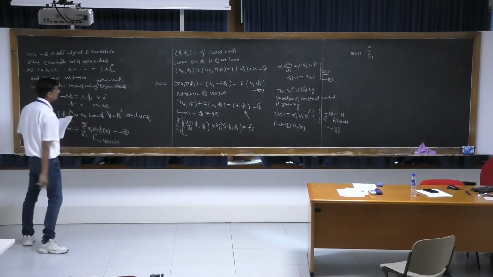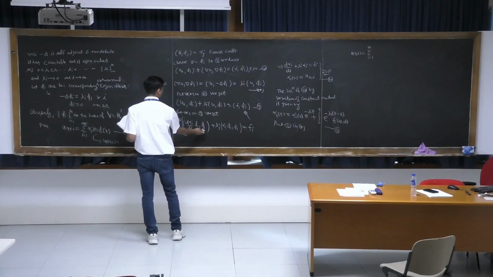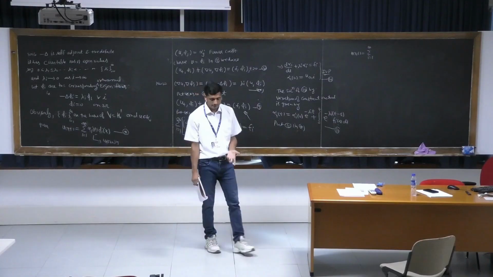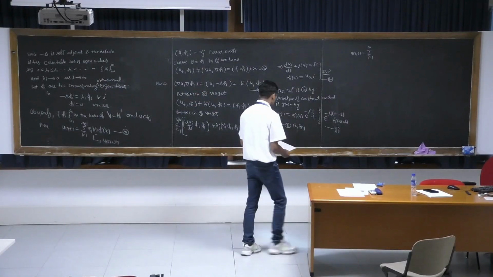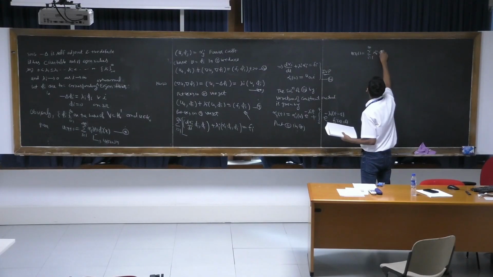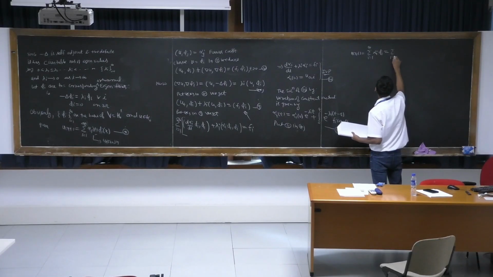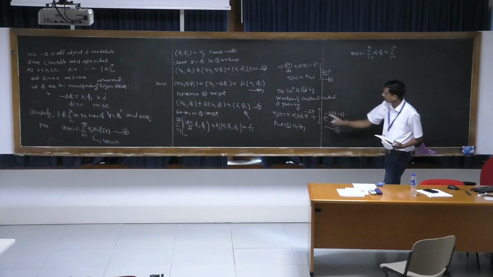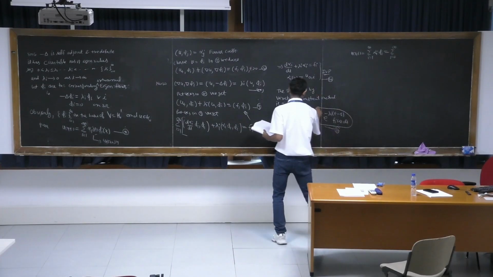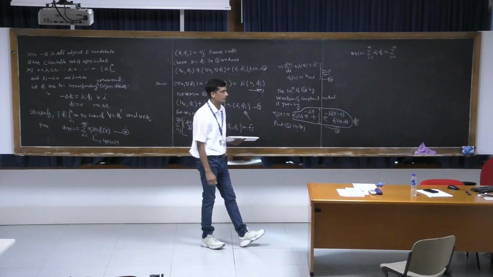When you take the inner product, only the term where both indices are equal survives, otherwise it becomes 0. So you can write its solution like this: summation i equal to 1 to infinity of alpha i, and just multiply by phi i, so you will get the solution.